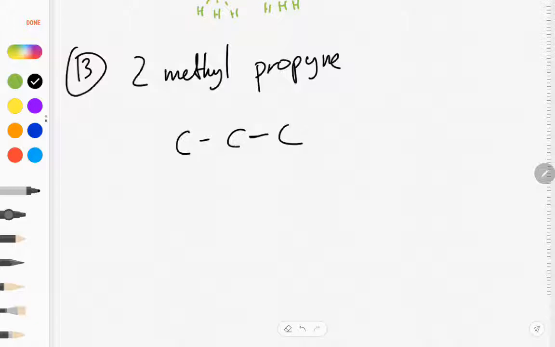So is the first one on the left this one, or is the first one this one? It doesn't matter. It really doesn't. So I'm going to say the first one's the one on the right for whatever reason. There's my triple bond. And then I'm going to put a methyl group on the second carbon. The second carbon is going to be the one in the middle. There you go. I got my methyl group.